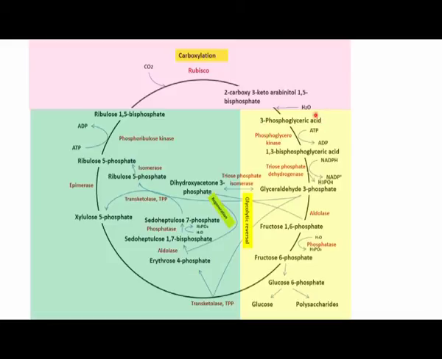This is the first step where the ATP is being used, and this ATP is actually coming from the photophosphorylation. Now, the 1,3 bisphosphoglyceric acid is being reduced by an enzyme known as triose phosphate dehydrogenase, and this reaction requires NADPH, which is produced after the photoelectron transport chain.